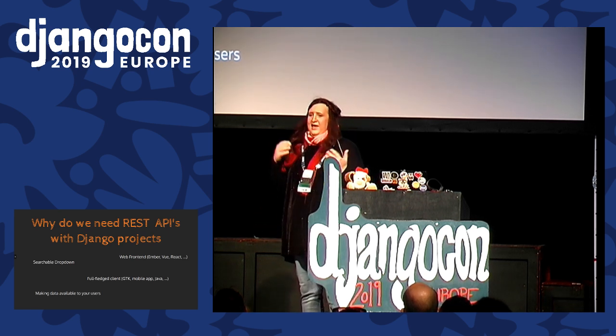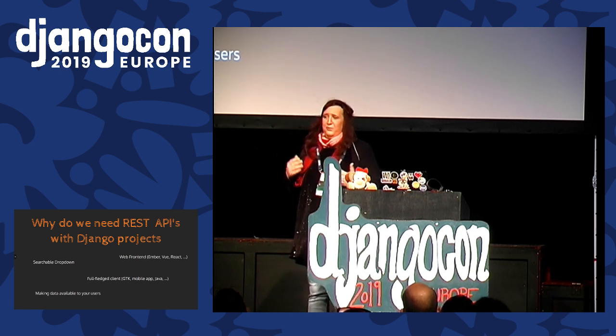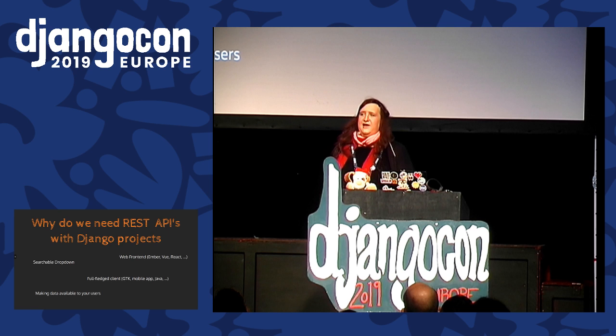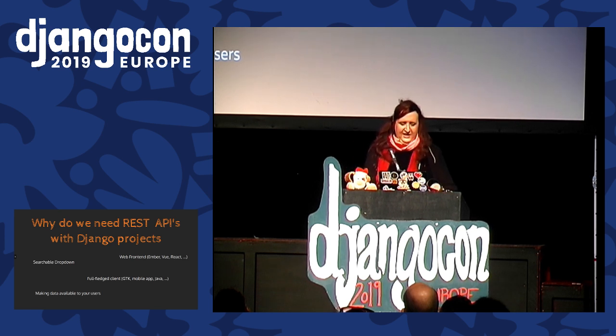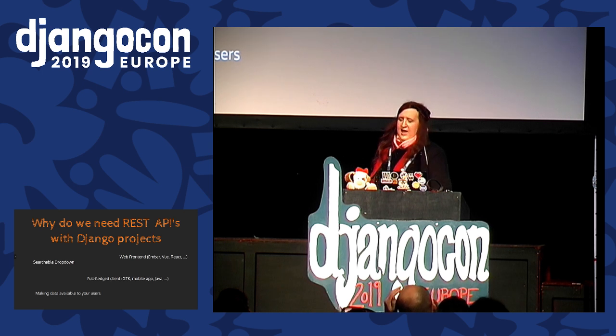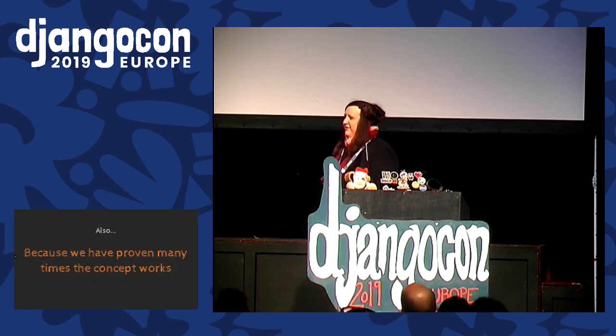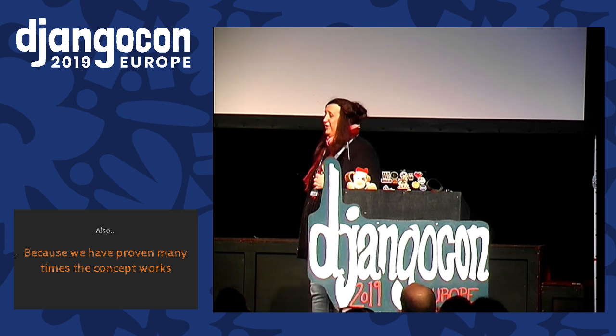If you have a nice API, you will be able to use the same API with both clients. Something that is also fairly new is web frontends, JavaScript frameworks or libraries like React, Vue, Ember, and those are also making use of APIs. And also, we want to use APIs and this client-server interaction because we know it works. We've been using that for years.